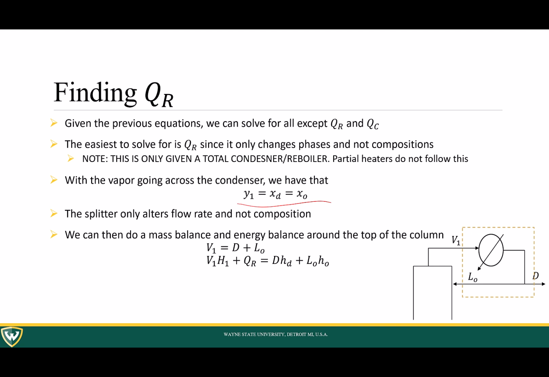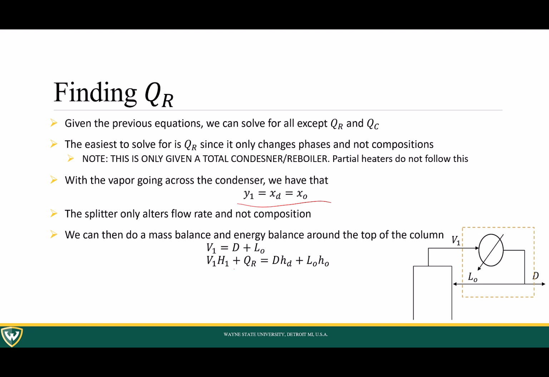And the splitter only allows for flow rate redistribution, not composition redistribution. So if we're doing an envelope around the condenser, shown to the right, we have in equals out. What's coming in is our V1, our vapor leaving our topmost equilibrium tray, and that is equal to our distillate coming out plus our reflux going back in.